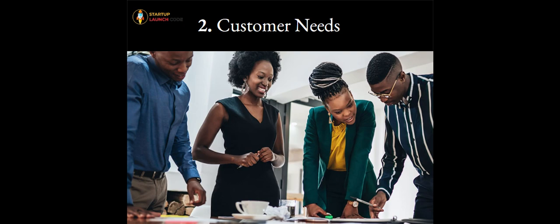Then next is customer needs. Human wants are insatiable. They constantly evolve. You can be solving a problem right now, and things beyond your control could come up, like COVID-19.